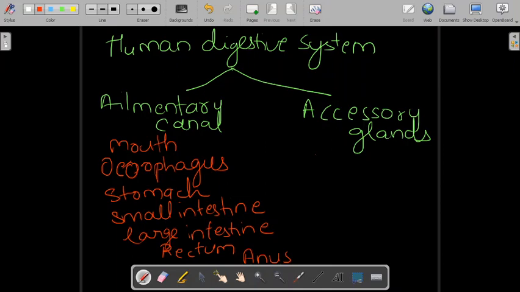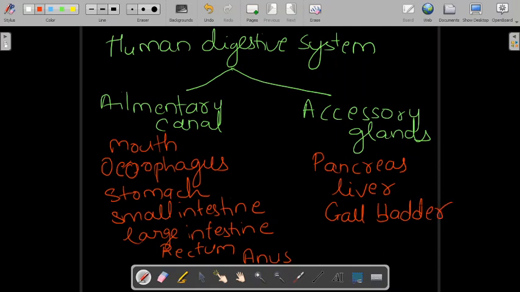And accessory glands include pancreas, liver, and gallbladder.